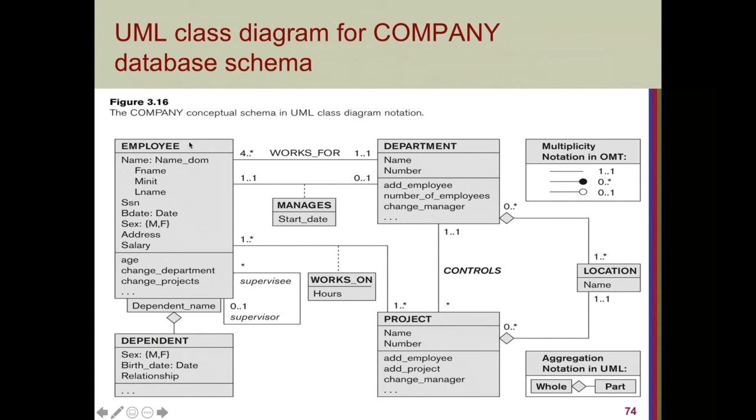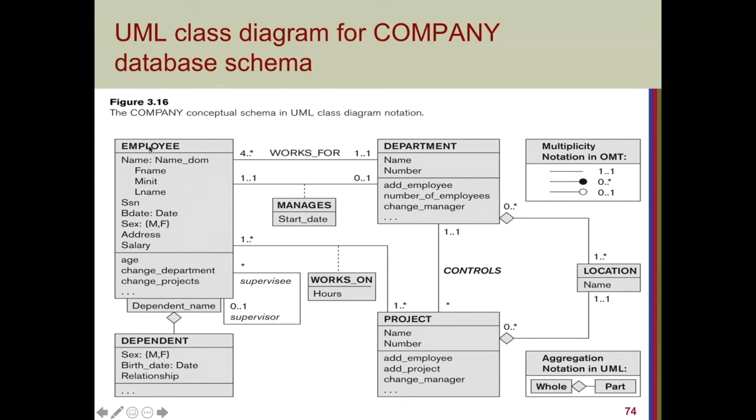So this is a rectangle. It has 3 compartments. The first is the name of entity. Second is the attributes. Third are basically, supposedly, it should be the methods to access these attributes, but for you, you can leave them empty. Okay, you don't have to write them when you are writing.